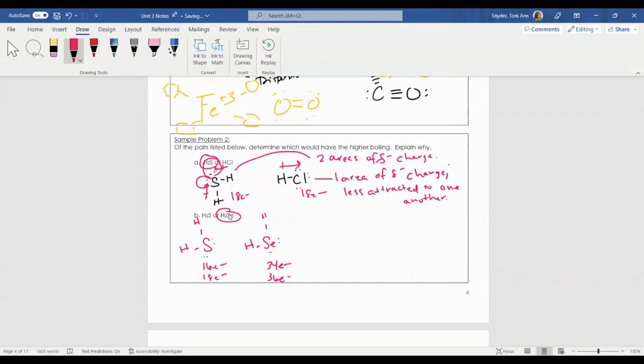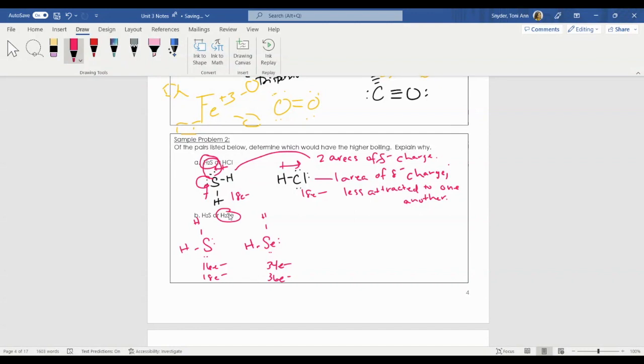So we not only have to consider how polar they are, but we'll really have to look at which one has the most number of electrons. Notice that we're not saying that these have a higher mass. We say that these have more electrons.